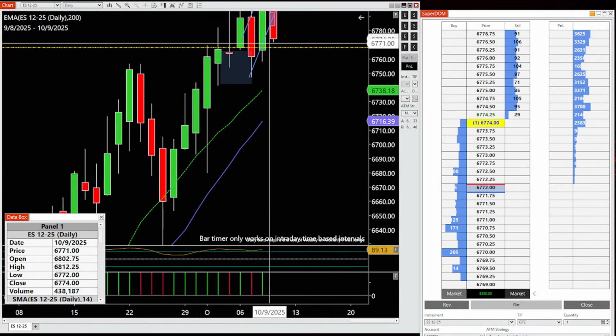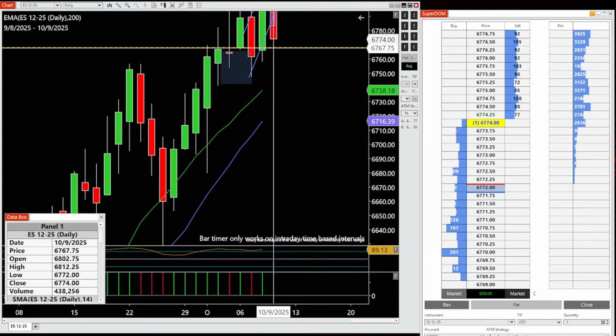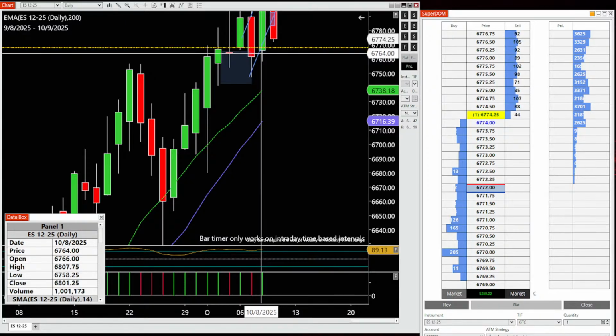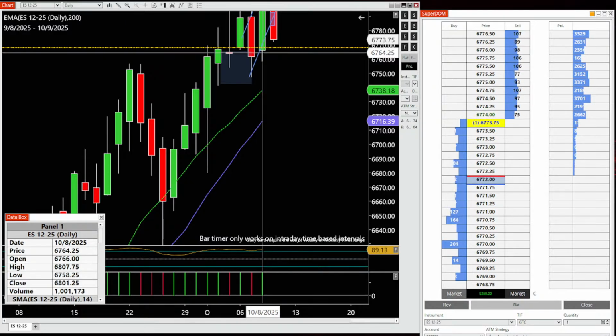The daily got room to test the weekly open and the open of 66 the previous days open.